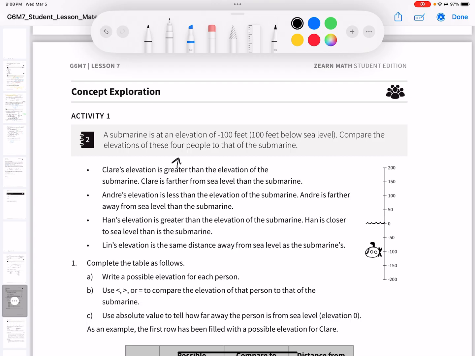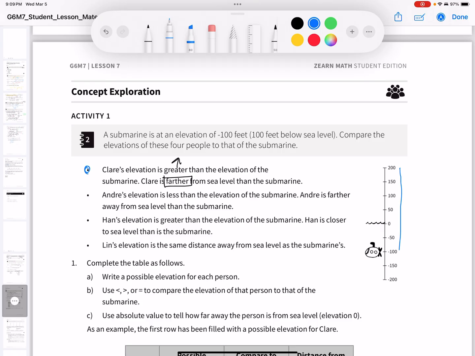Claire is farther from sea level than the submarine. Okay, so we have a distance. She's farther from that. So if I were going to make Claire blue, that means she is greater than the elevation, so it has to be above here, right? But she's farther from sea level than the submarine.